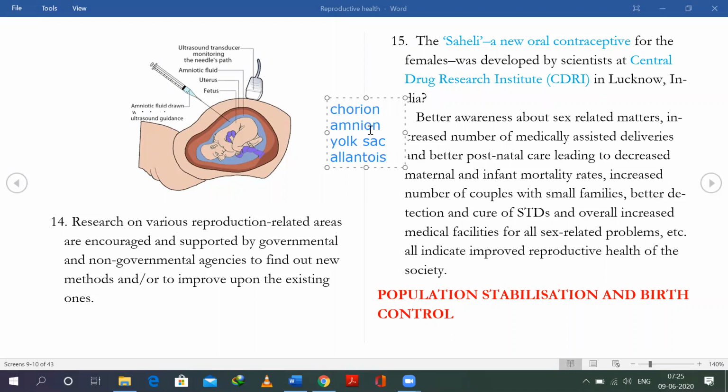This amnion layer is in the form of the amniotic sac, and the sac is filled with amniotic fluid. And what is the significance of this amniotic fluid? This fluid contains the fetal cells.